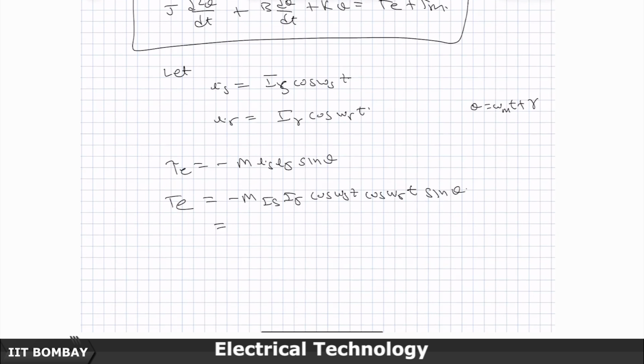Now, what I will do is, this is cos A cos B. So, 2 cos A cos B is cos of A plus B plus cos of A minus B. So, I will write this as minus m Is Ir by 2 times cos of omega s plus omega r t plus cos of omega s minus omega r t, times sin of theta.